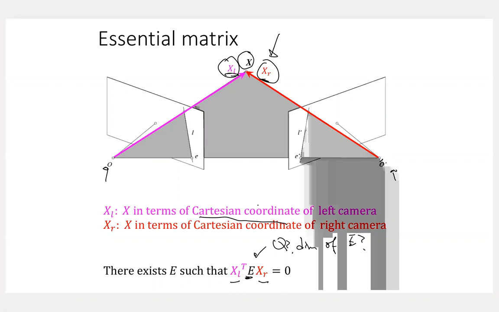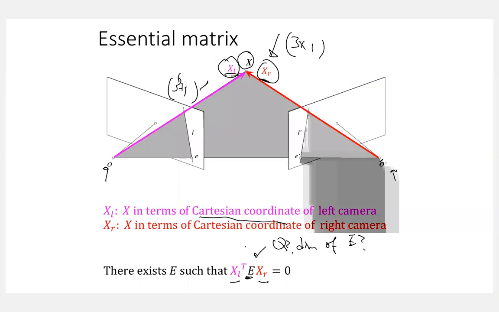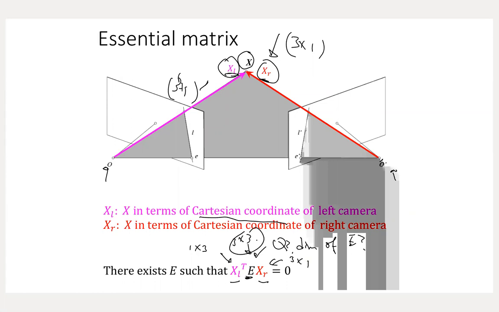We'll mix the coordinates here, so be careful. But for the essential matrix, we are using Cartesian coordinates in 3D. Therefore, the coordinate here is 3 by 1. To match the dimensions, E has to be 3 by 3, because X_R transpose will be 1 by 3 and X_L is 3 by 1, so this will be 3 by 3.